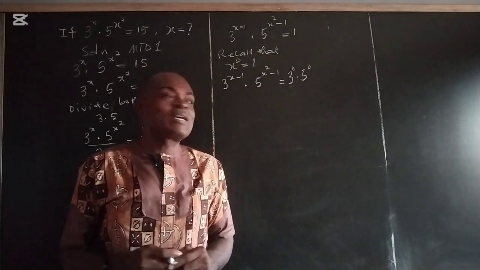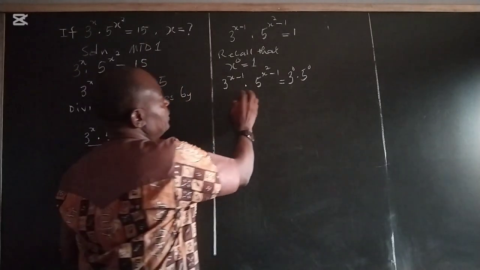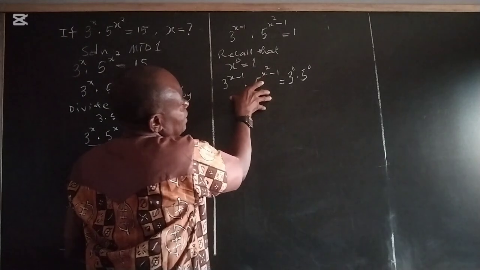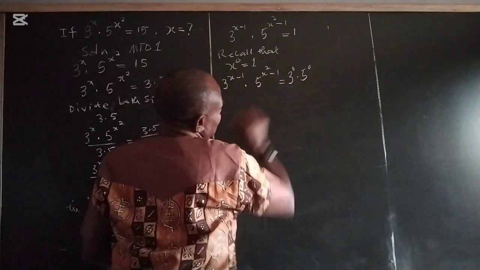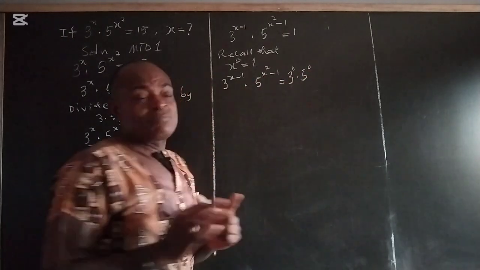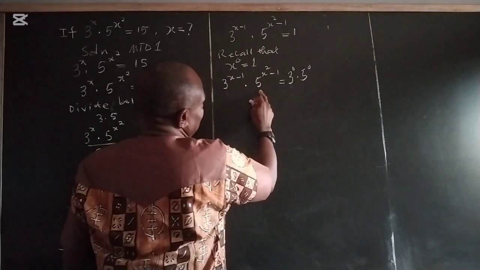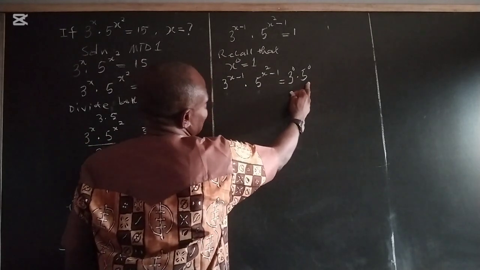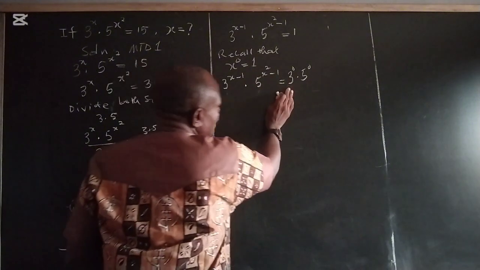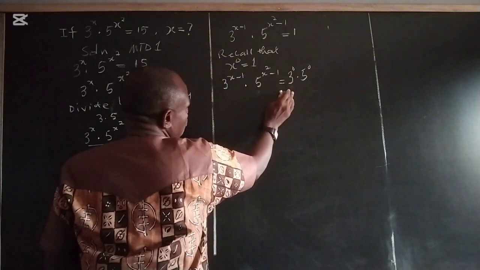When you solve this type of problem, you will have to be very conscious of what is happening at the right hand side and what is happening at the left hand side at the same time. If this is multiplying by this and this is multiplying by this, I would be correct to split this equation into 2.